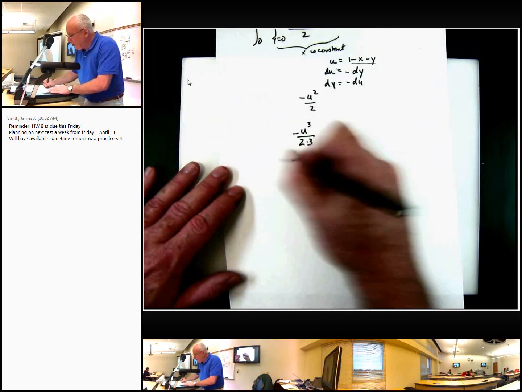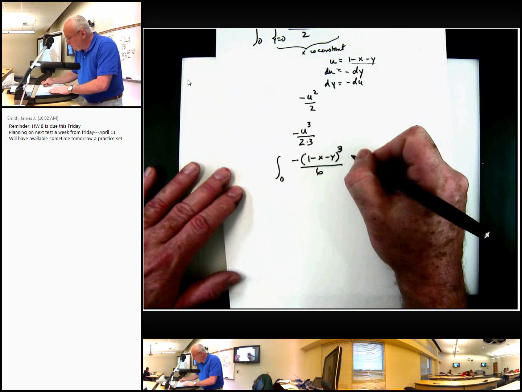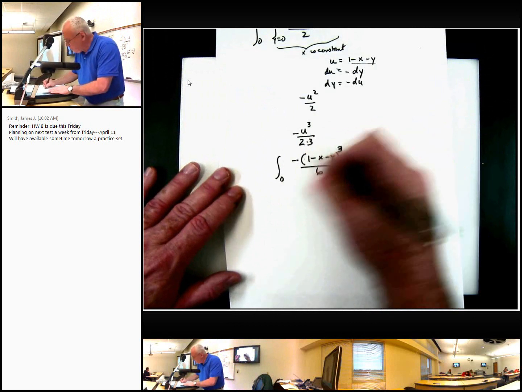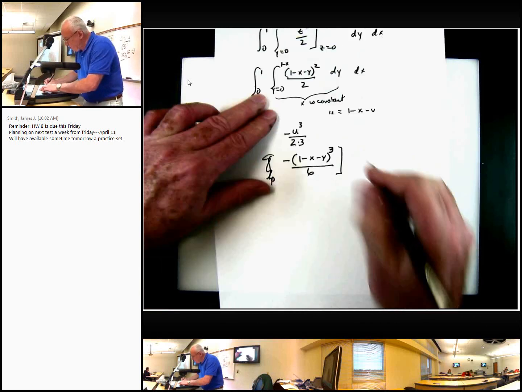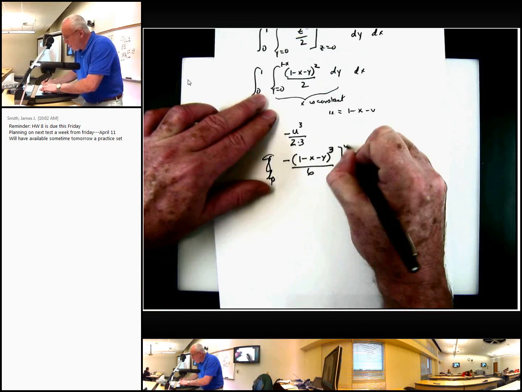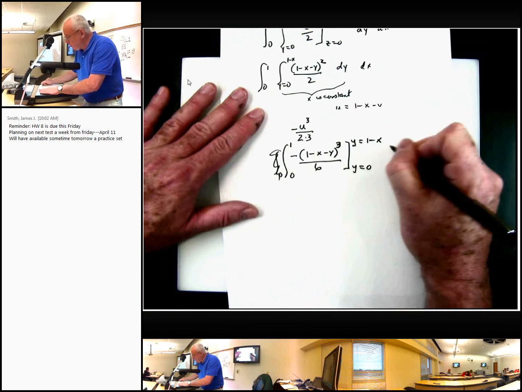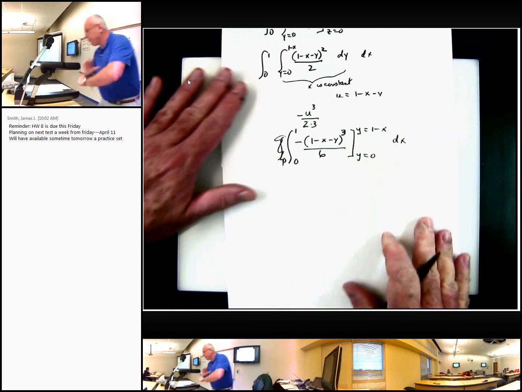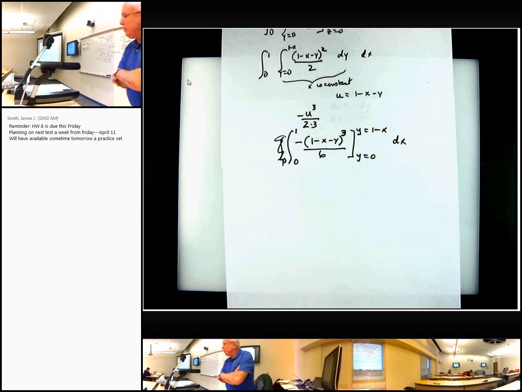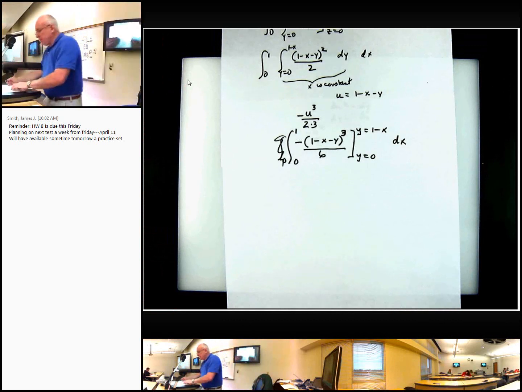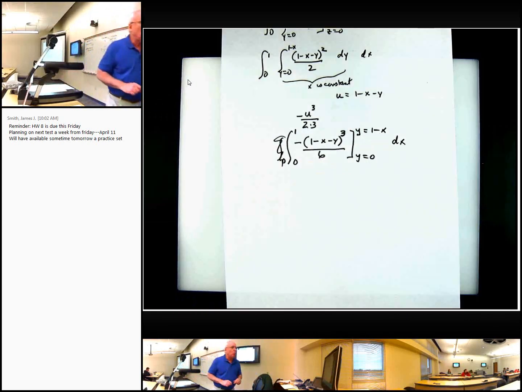And then we're left with this being integrated with y going from y equals 0 to y equals 1 minus x, and then our outer integral is 0 to 1 dx. Now, this isn't even going to be so bad when we plug in 1 minus x for the y.